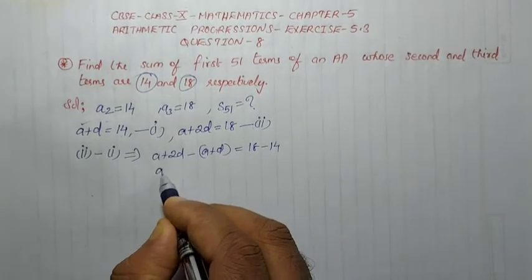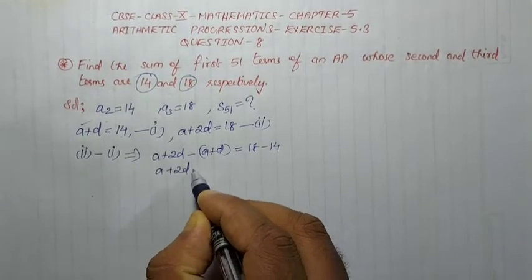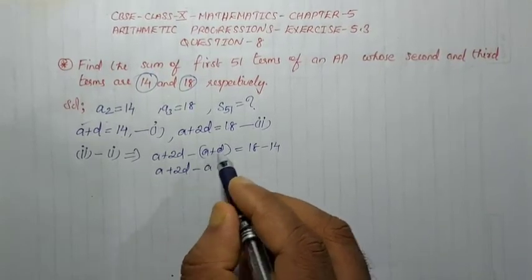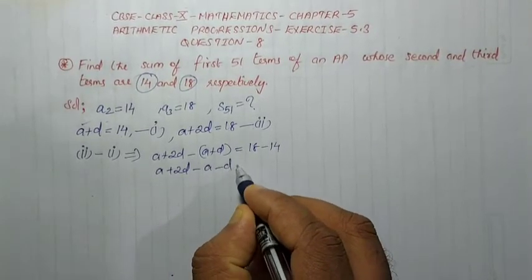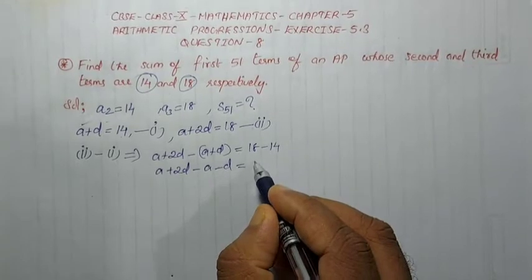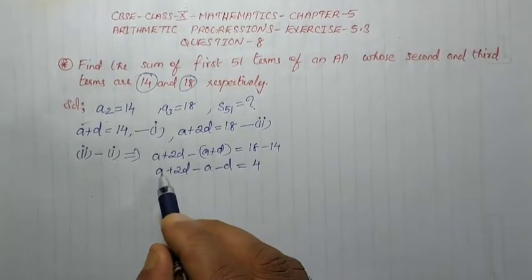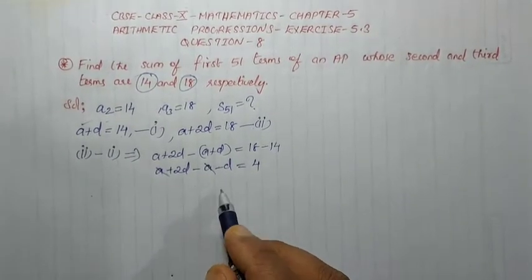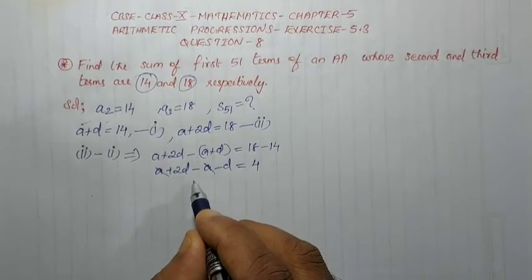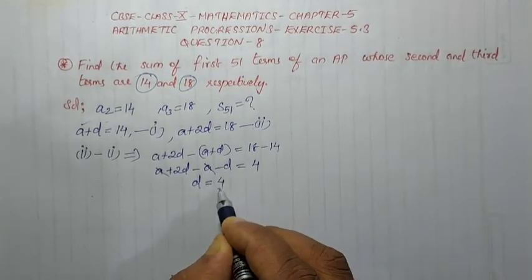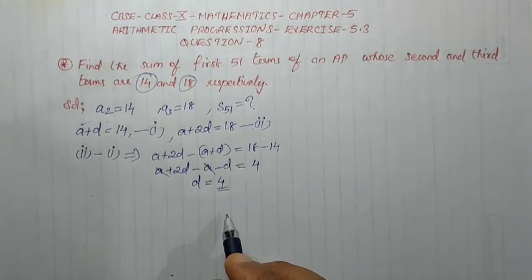Now we will open the bracket: A plus 2D minus A minus D is equal to 18 minus 14, which is 4. A minus A will cancel out, and 2D minus D is D. So you will get the value of D is equal to 4.